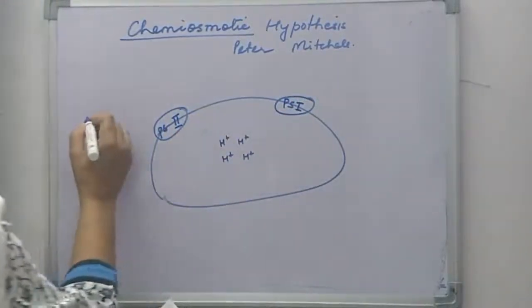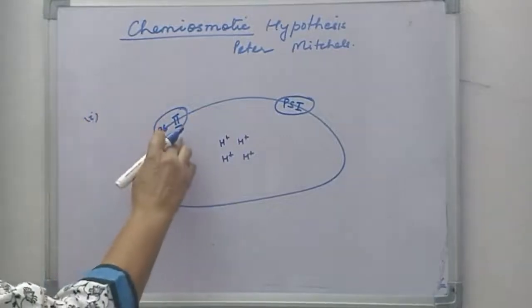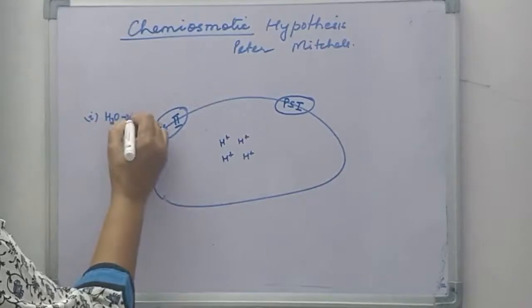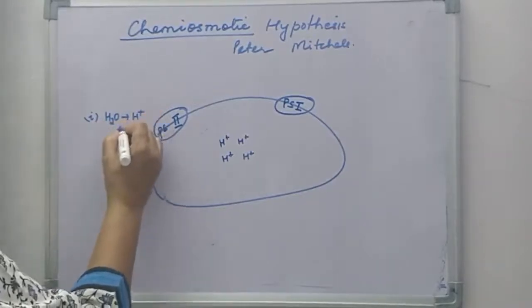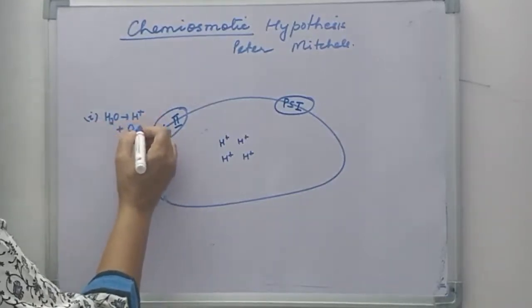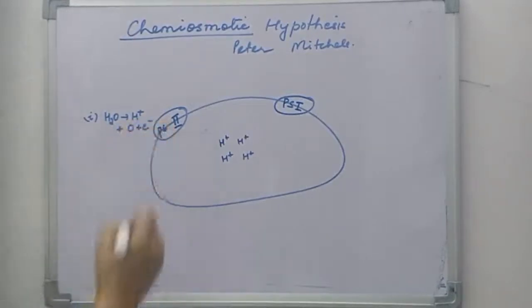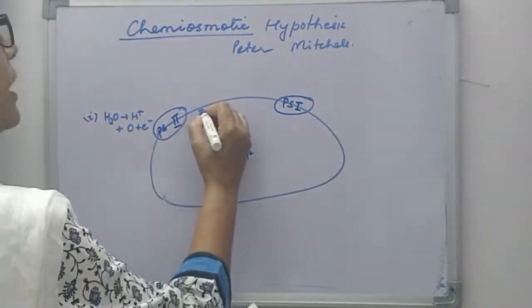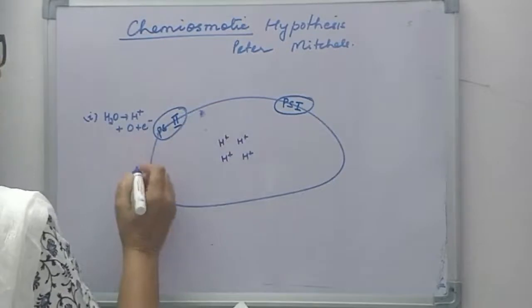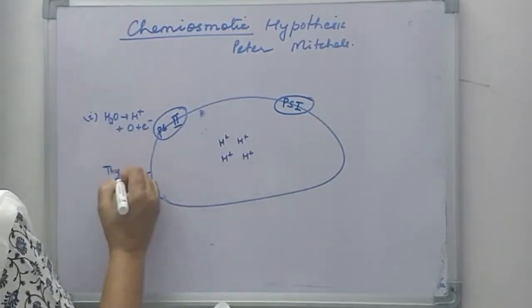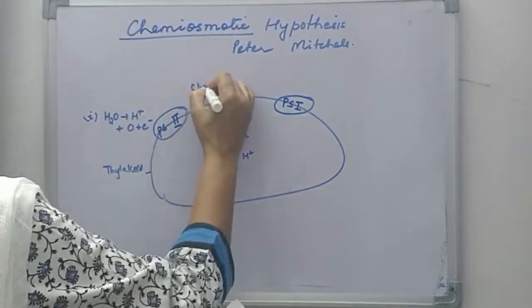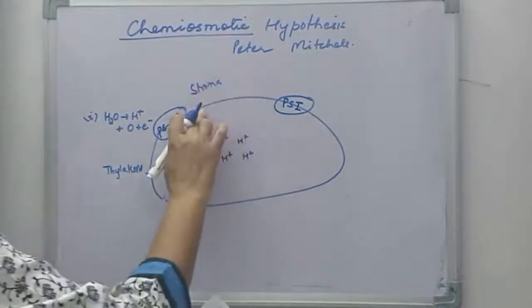Now the first step is, by photosystem 2, water is split to form hydrogen ions and oxygen, and electron is also produced. Now as I told you, this is the thylakoid, let me label it here. This is the thylakoid membrane, and outside the thylakoid is the stroma.